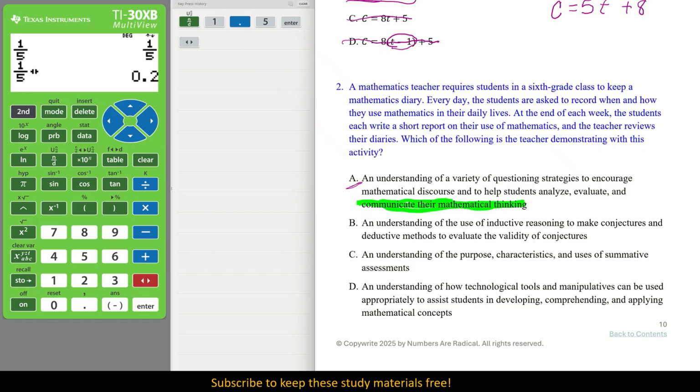And we're talking 6th grade. 6th grade kids, no, this is a little bit much. I disagree, and I don't think that's the purpose of the teacher. I think it's more along with what A is. Just trying to get them to communicate and see that they're using it and to analyze their day. And when they're done with a journal like this, they're going to stop saying, "Well, I never use math. I don't need this." Okay?